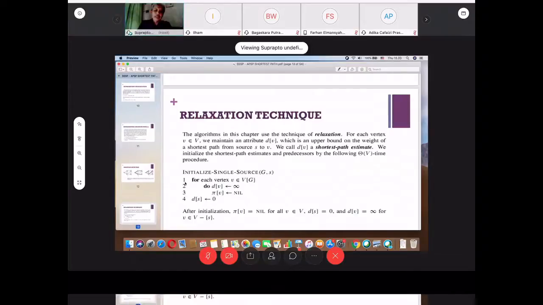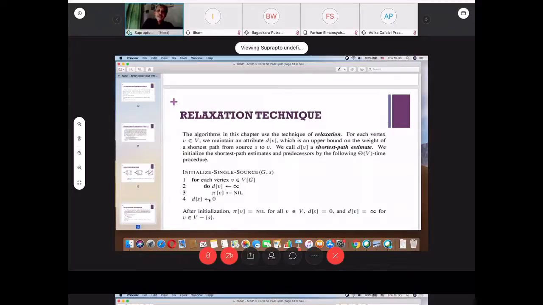The body of this procedure only consists of the initialization for each vertex in the graph G, especially for two attributes: one is d, the shortest path estimate, and the second is pi, the predecessor.